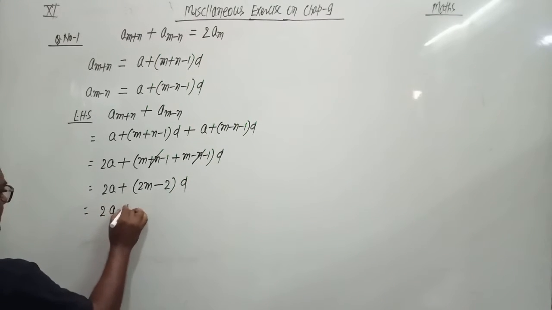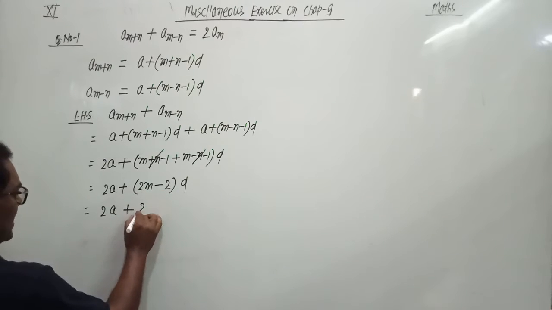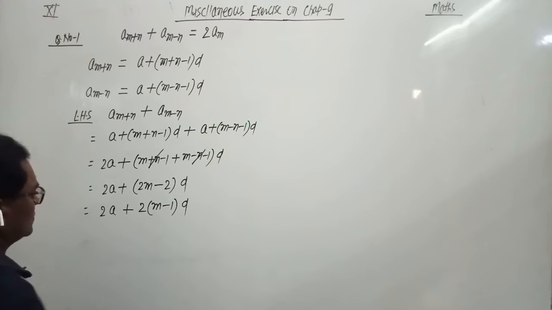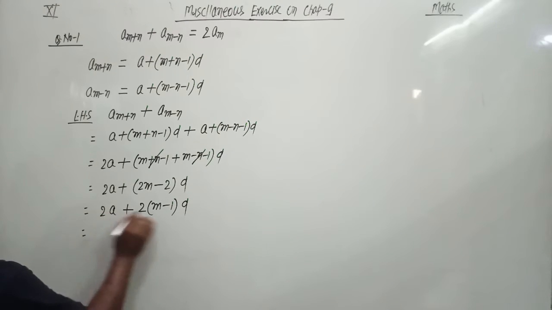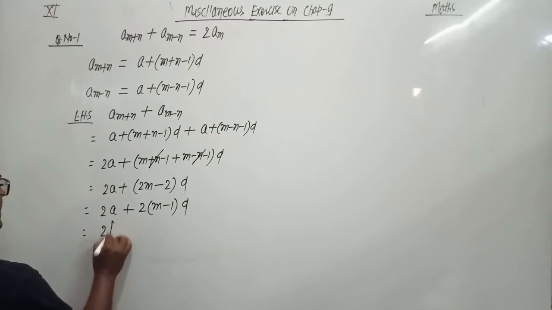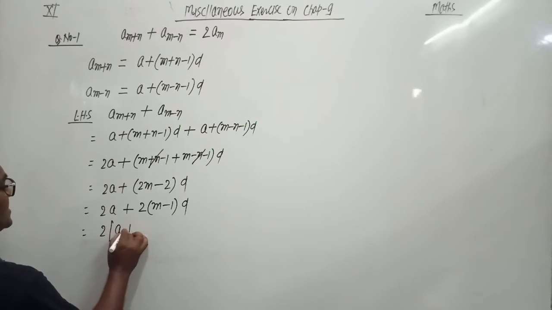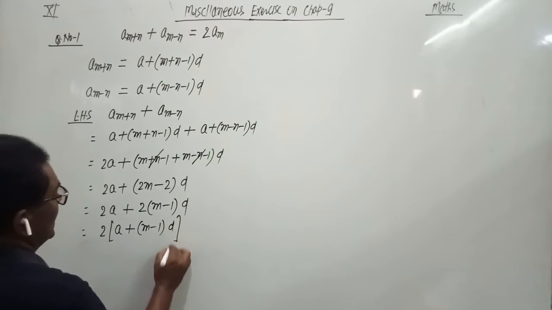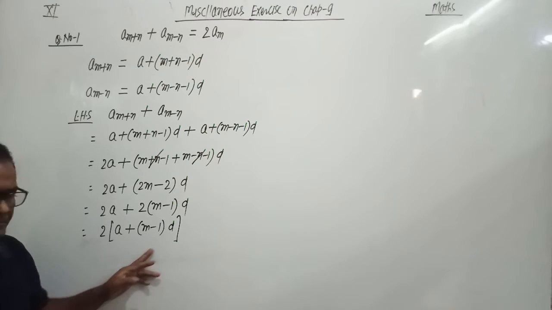Taking 2 as common, we get 2 into a plus m minus 1 into d, and this is the mth term.